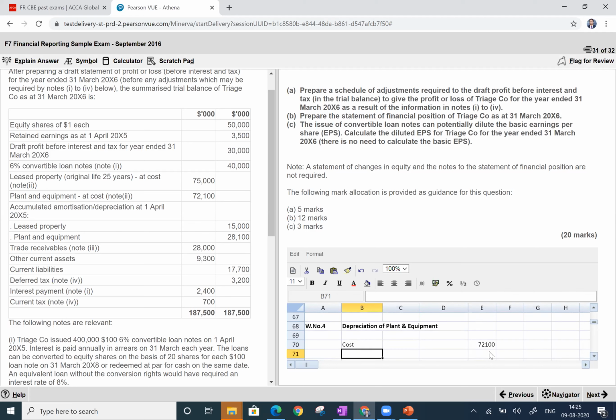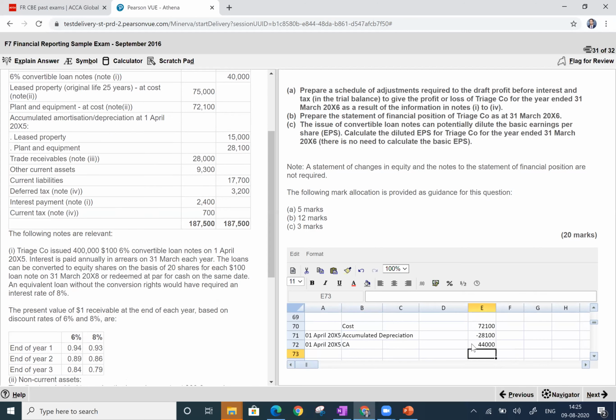Now on 1st April 20x5, accumulated depreciation of plant and equipment is 2,800. So minus 2,800, then you will get the carrying amount as at 1st April 20x5.